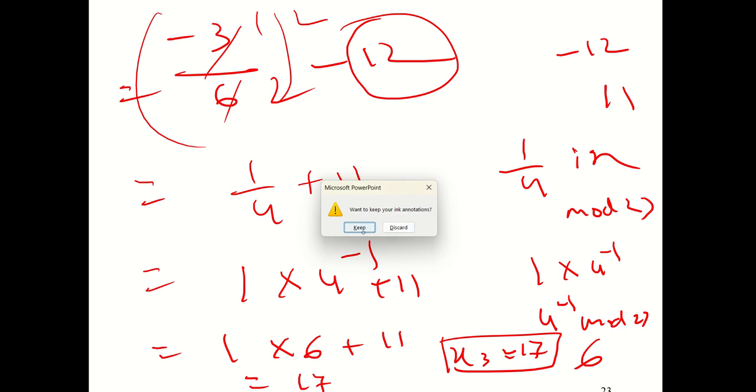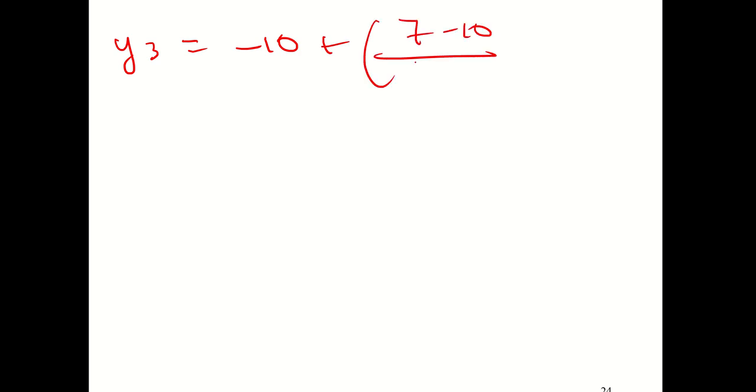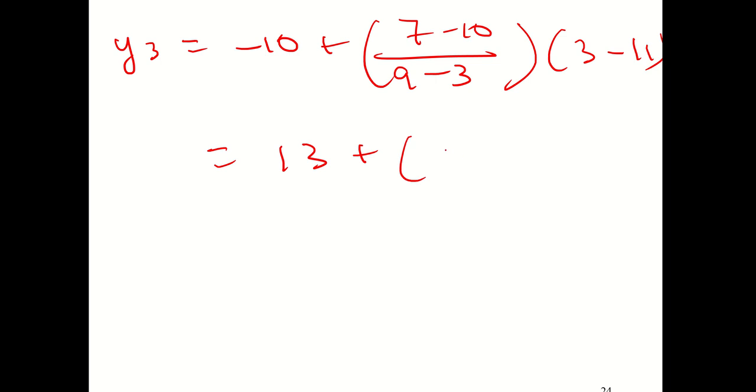Moving on, the next thing you need to find is y3. y3 is minus 10 plus (7 minus 10) by (9 minus 3), times (3 minus 11). Find the value and you will get 13 plus minus 1 by 2 times minus 14.